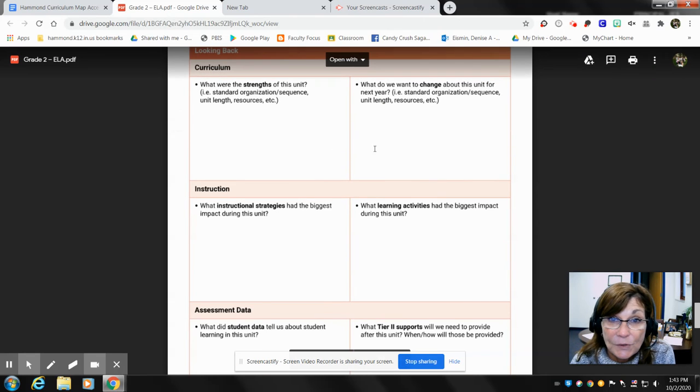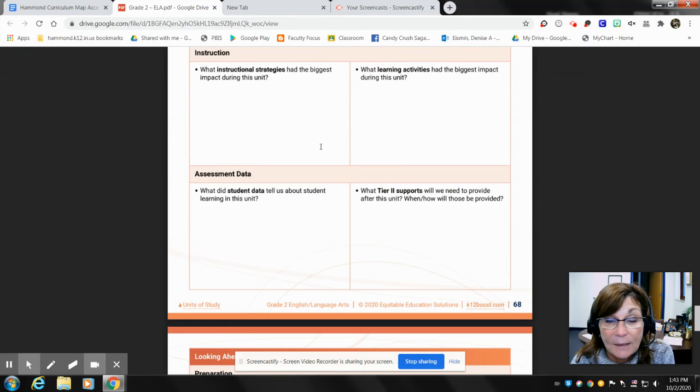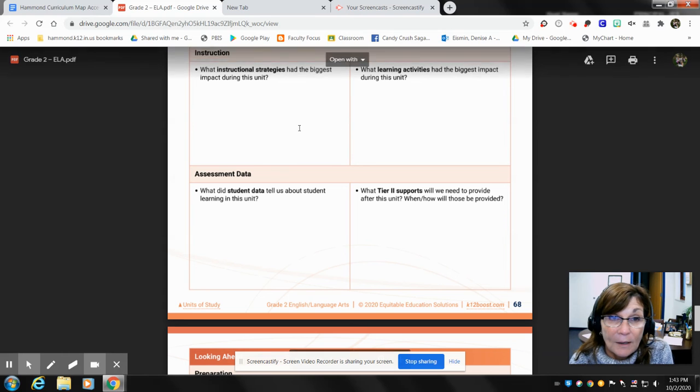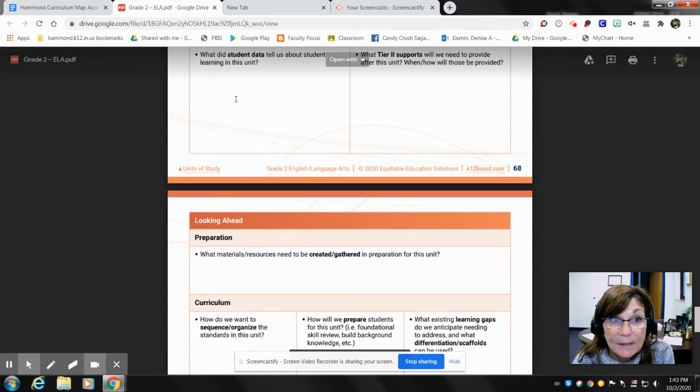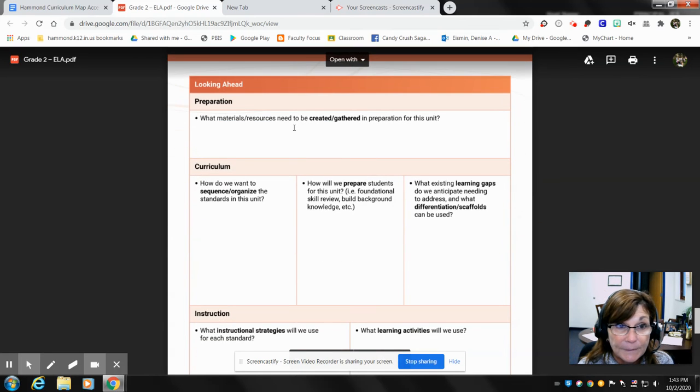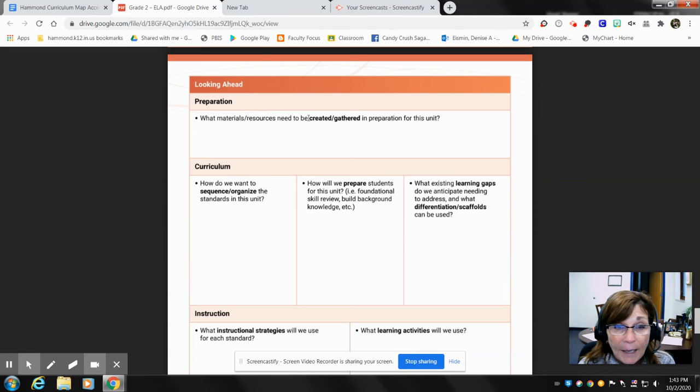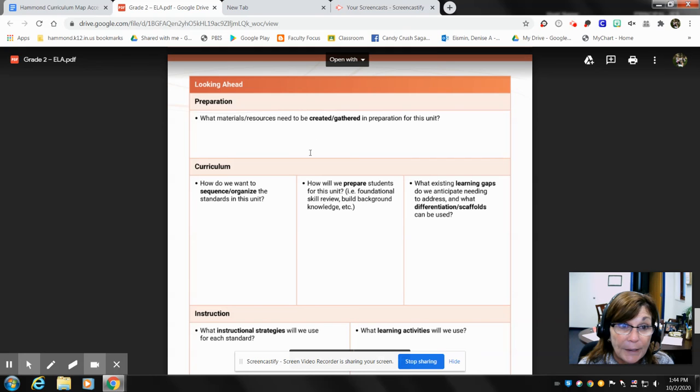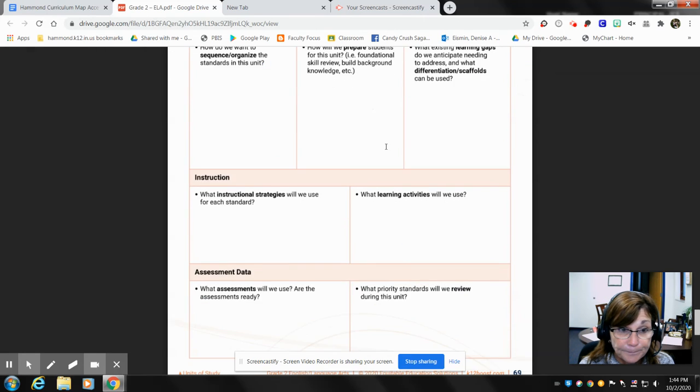So looking at what the strengths are, what instructional strategies we used, and what the data itself shows. If you have been using those proficiency scales, or if you created something like a pre and post with foundational, you can put that data in there, and that would give us a little more information. And then looking ahead, now you're looking to unit 4, because we're talking about unit 3. What would this look like? What do we need to put together?